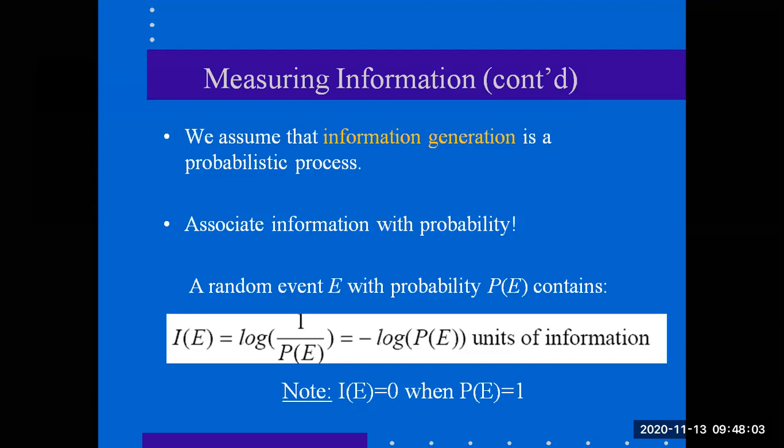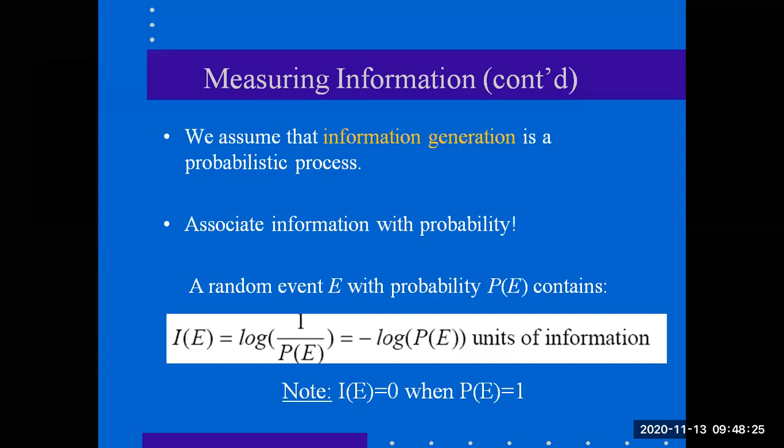Right, all of you. The first point is, we assume that information generation is a probabilistic process, not a fixed process. And the second one is to associate information with probability. Every piece of information has some probability.